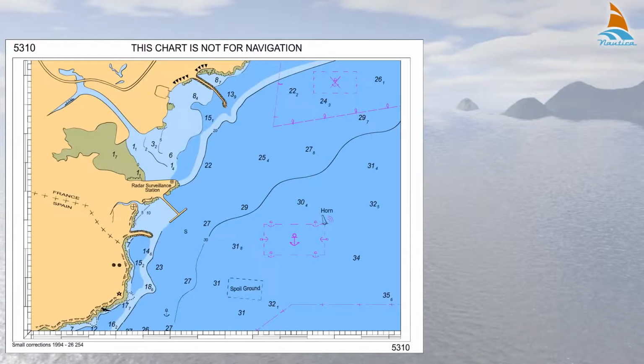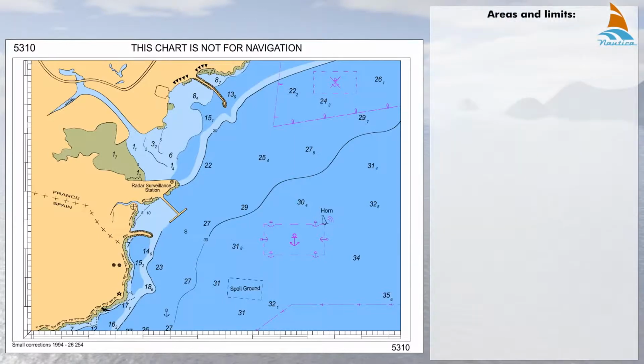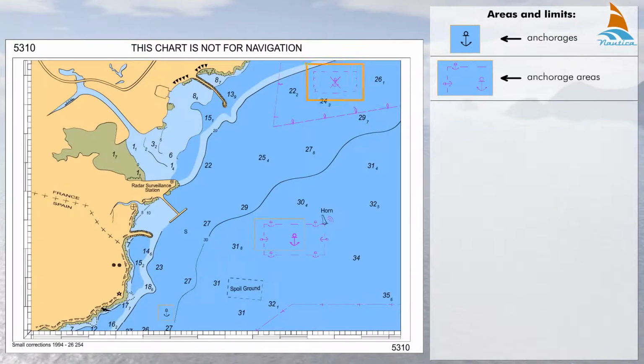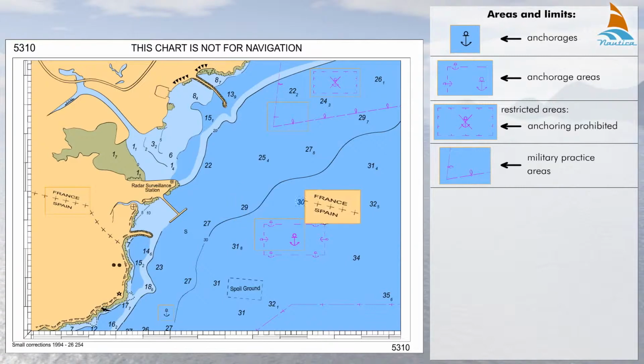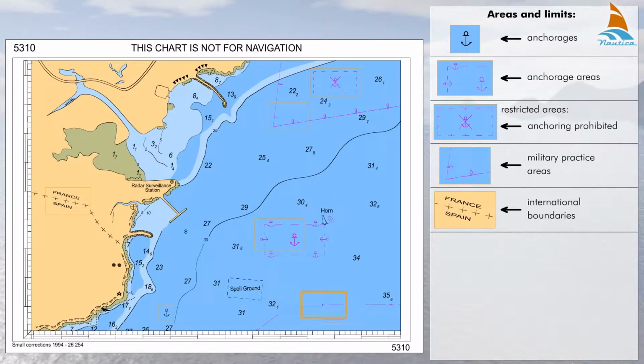On the nautical chart you'll also see areas and limits including anchorages, anchorage areas, restricted areas, military practice areas, international boundaries, national limits, and other various limits.